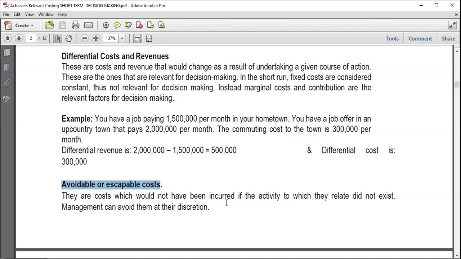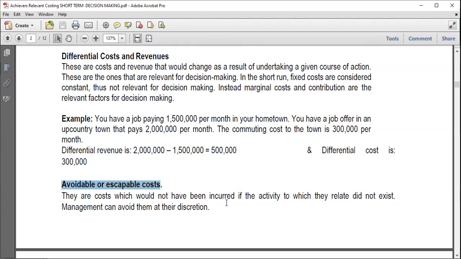Now, if that cost remains and cannot be avoided, whether you make the decision or not, then that is not a relevant cost. Like I gave you examples of a contract of somebody who wants you to supply to them those cakes.